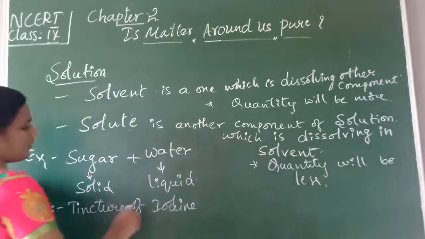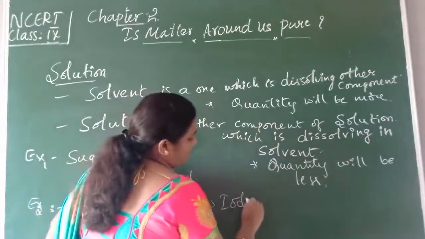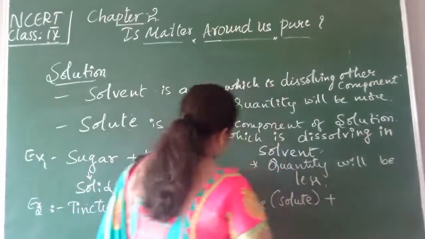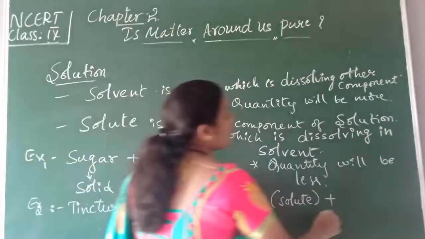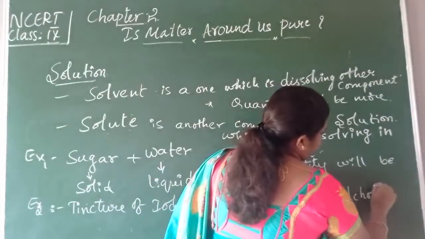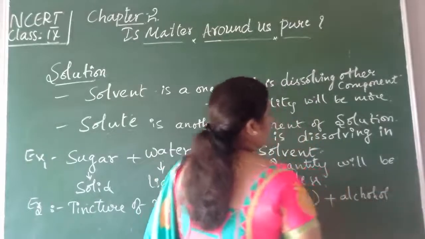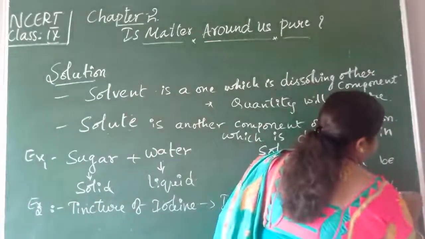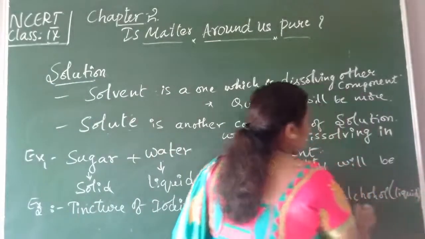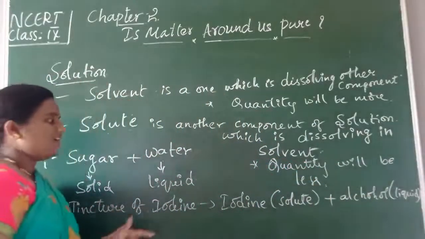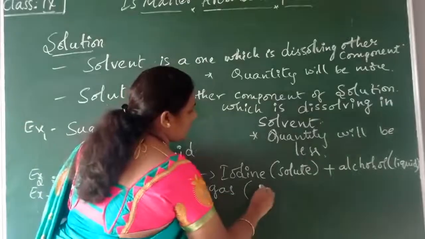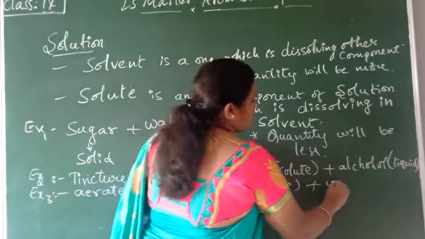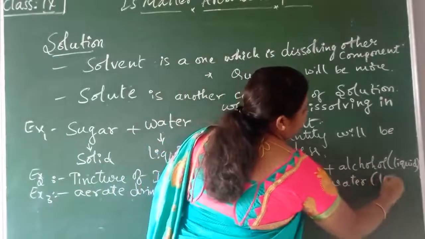Here iodine is the solute, whereas tincture is nothing but alcohol, which is the solvent here. Another example: carbon dioxide gas is the solute, and water, which is a liquid, is the solvent.